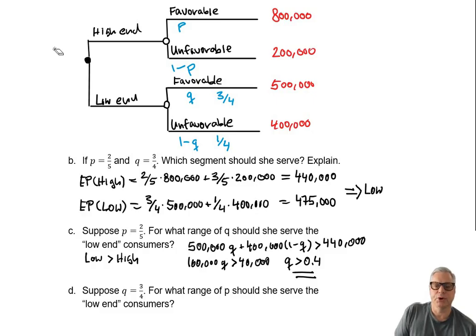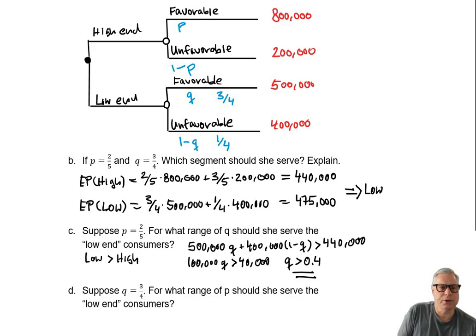Okay, so that means the expected payoff from the high end should always be less than the expected payoff from the low end if Q is 3 over 4 and 1 over 4, and we know that this is 475.